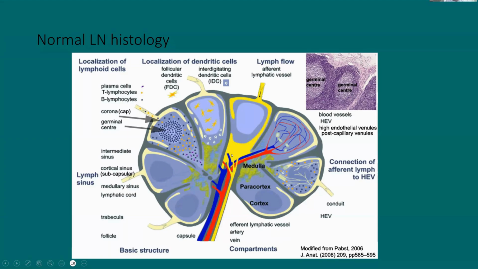The hilum is highly vascular and shows some fatty tissue. And there are extensive high endothelial venules within the lymph nodes. Other cells that I didn't mention are the follicular dendritic cells and the interdigitating dendritic cells, which are also present in the cortex and interfollicular areas.